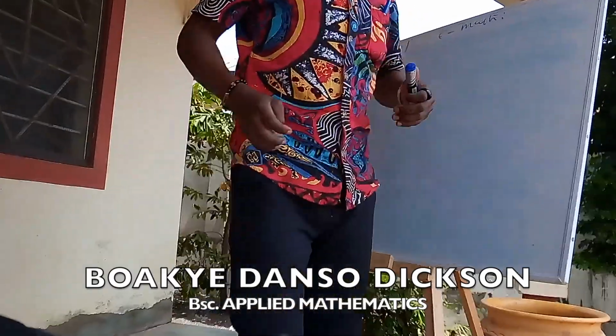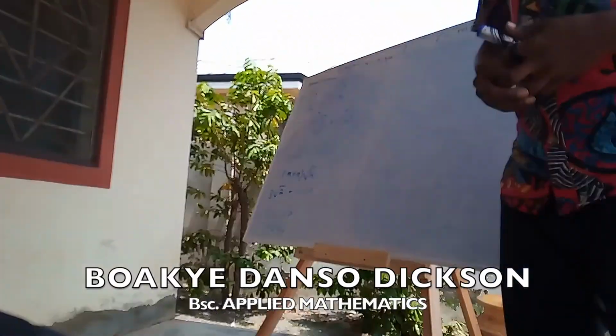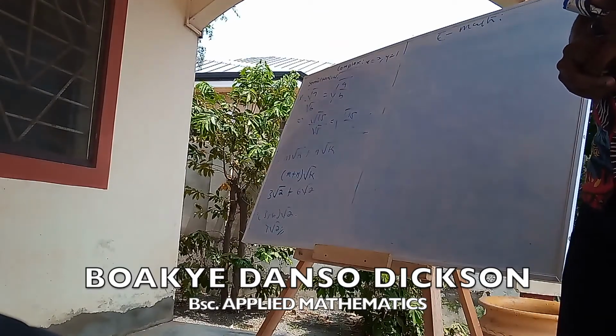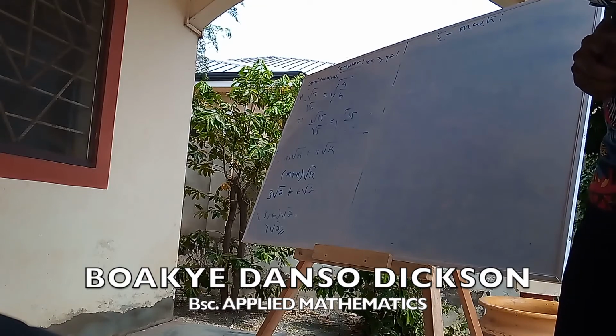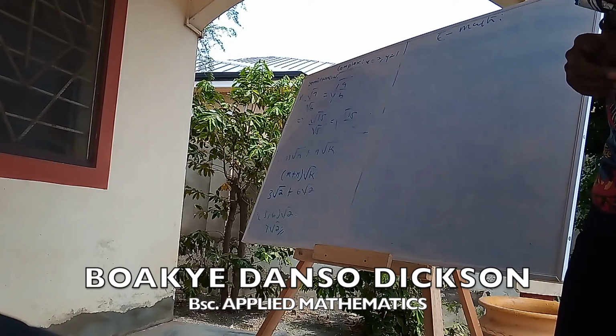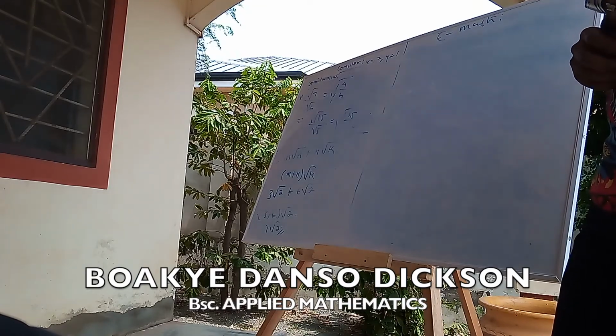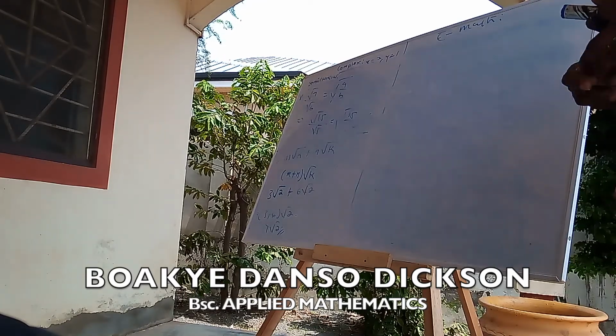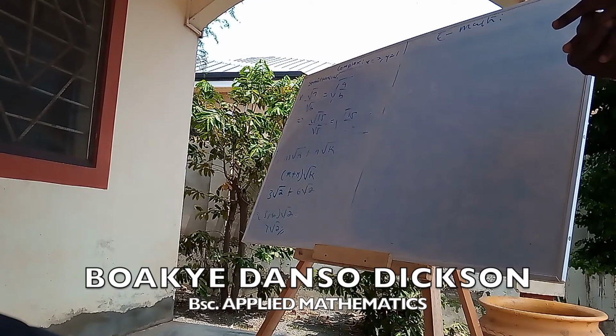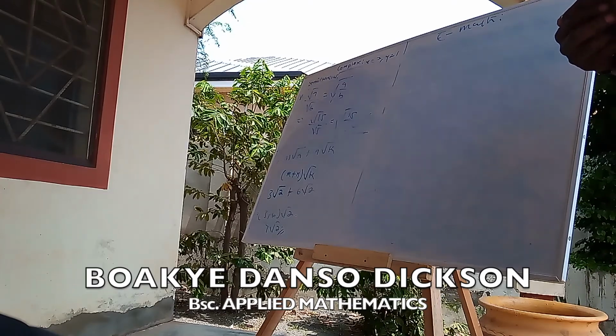Good. Now try this and let me see: 6√2 minus 2√2. It's equal to 4√2. Okay, 4√2. Good.